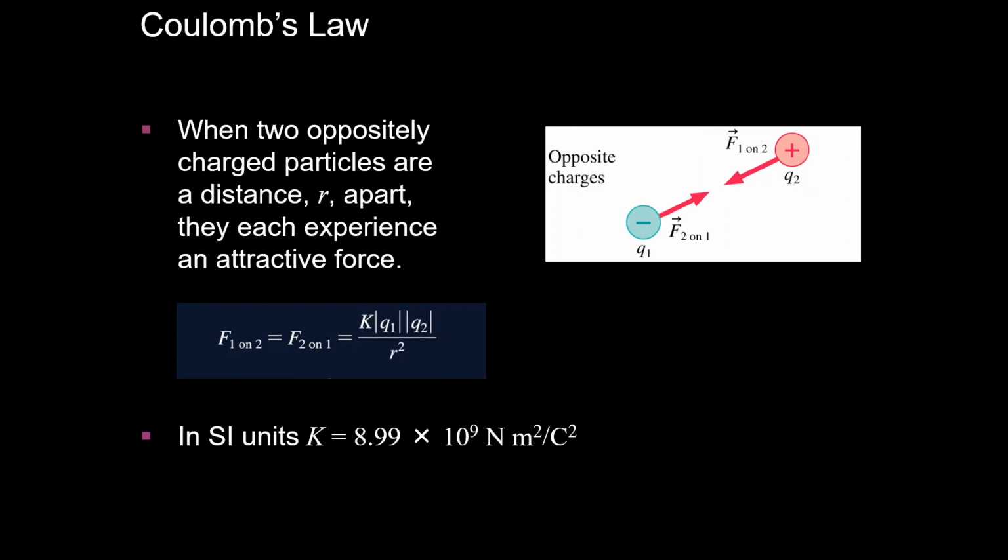A couple of remarks about this law is that it is only for particles that can be modeled as points, or particles that can be modeled as spheres, in particular on the outside of particles that can be modeled as spheres. Because one thing we're going to be doing in this course is extending Coulomb's law to different shapes of electric charge.